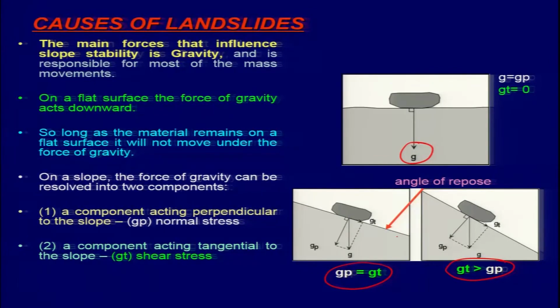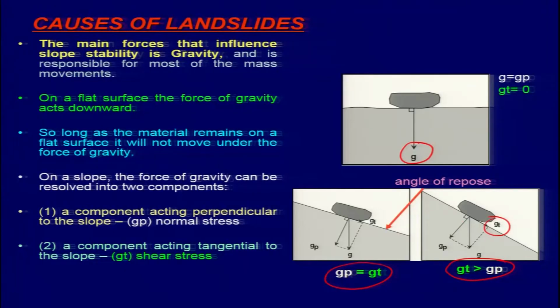What difference you can see here is that the mass sitting on the slope of failure is the same, but the angle has increased. So if you have a greater angle, then with the same land mass, Gt will increase.